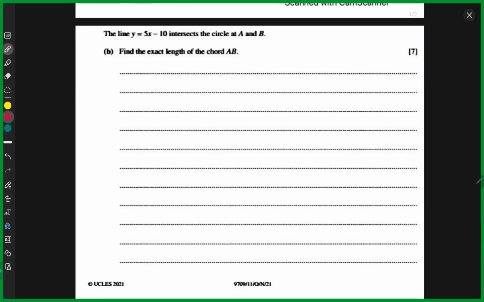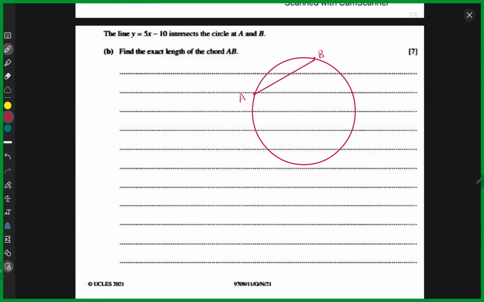So we have a circle, and we have 2 points A and B. Let's say this point is A and this point is B. I'm just talking about a rough idea about it. Forget about the actual coordinates and stuff like that, okay?